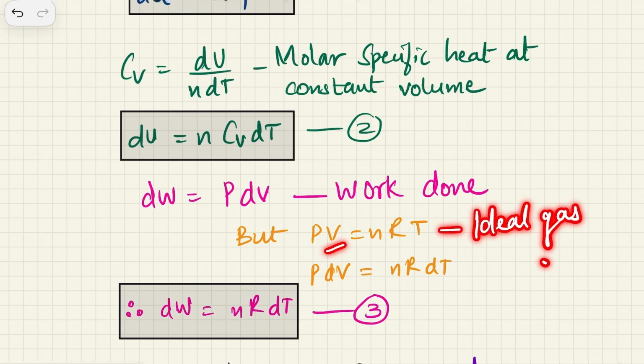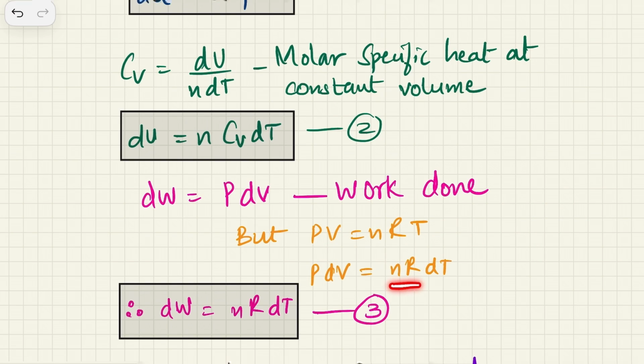If there is a change in volume, there must be a change in temperature, because n and R are always constant. So if the volume is changing, the temperature must change. This is what is called the differential form of writing an equation. So if PdV is equal to nR dT, I can replace PdV with nR dT. So I get dW is equal to nR dT.